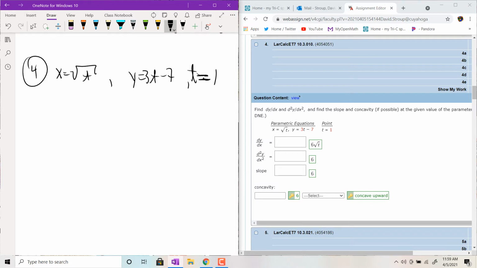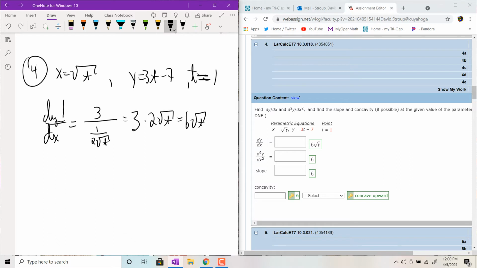So first, let's get the first derivative. That'll just be the derivative of y, which is 3, all over the derivative of x. So that would be 1 all over 2 square root t. Rewrite that, that'll be 3 times 2 square root t, in other words, 6 square root t. And then evaluate it at 1. The way they usually write that is to put this big line there and then write t equals 1.